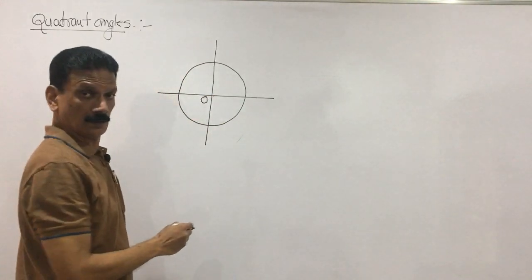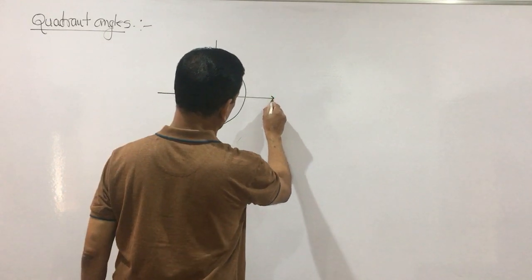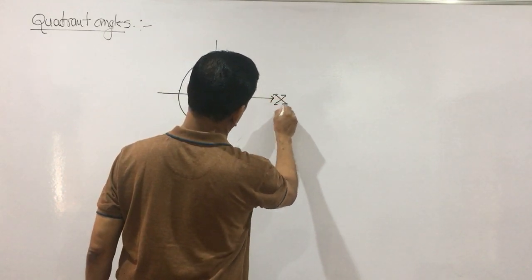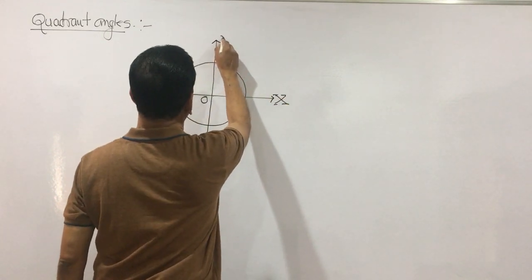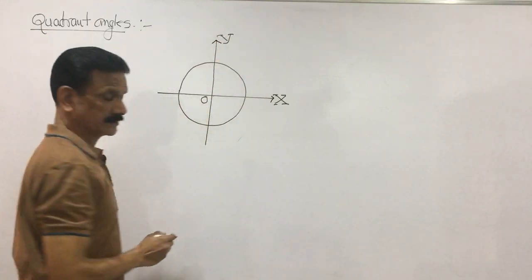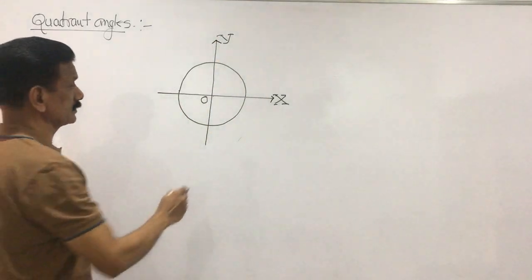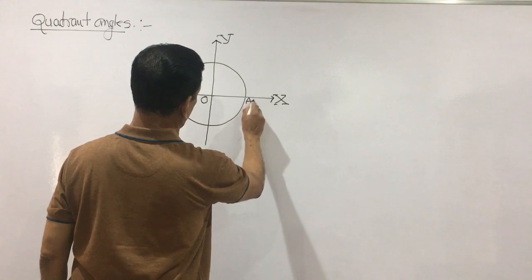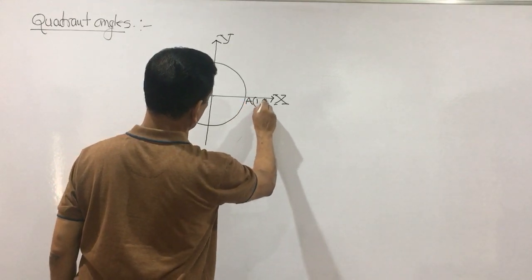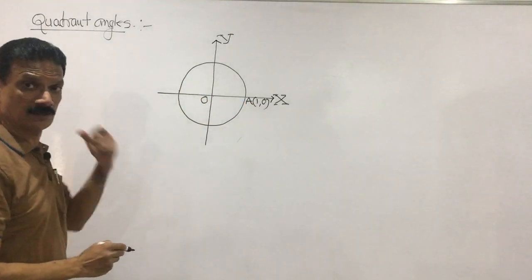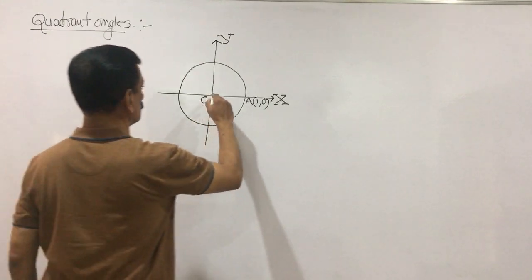This is your x axis, and this is the y axis, and the circle cuts the x axis at the point A, which is (1, 0), because you know the radius of the circle.